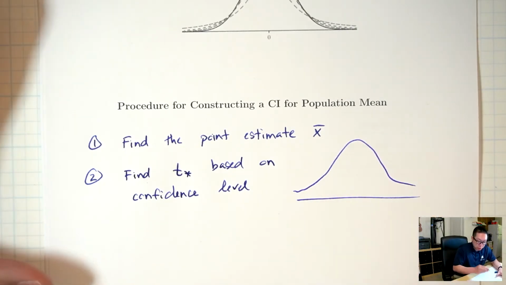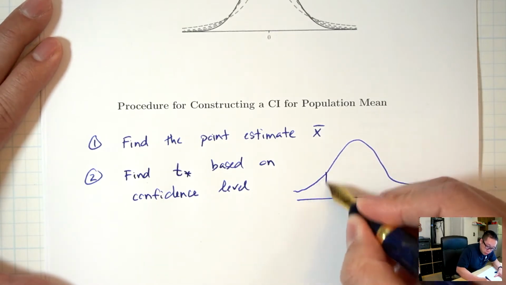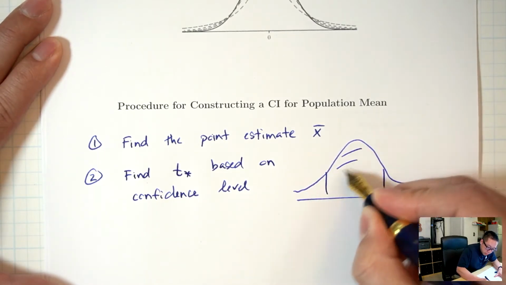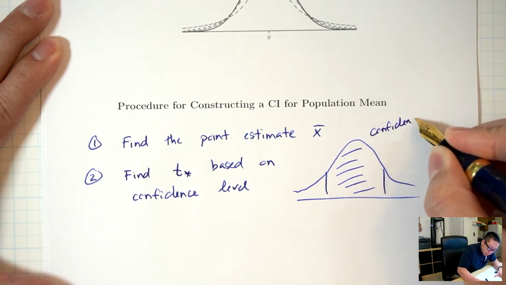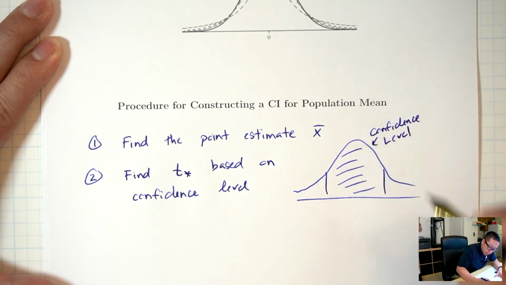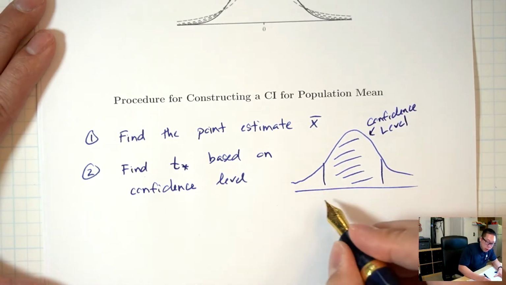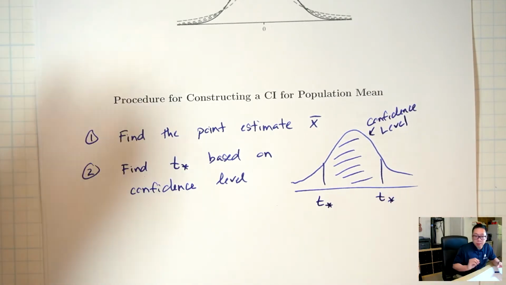But it's a T distribution instead of a Z distribution. And then the confidence level is still the area in the middle. And then our goal here is to find the T stars instead of the Z stars.